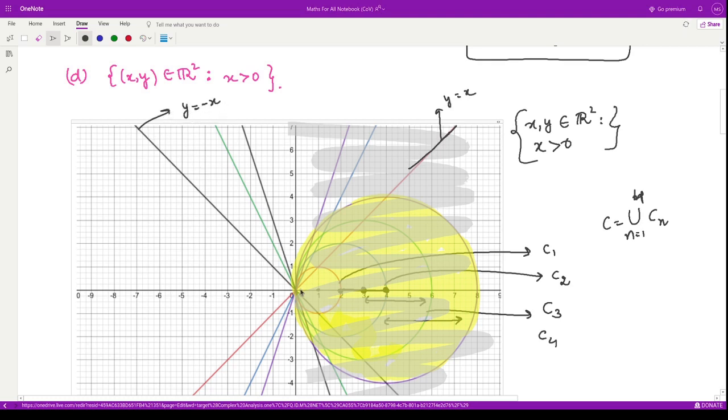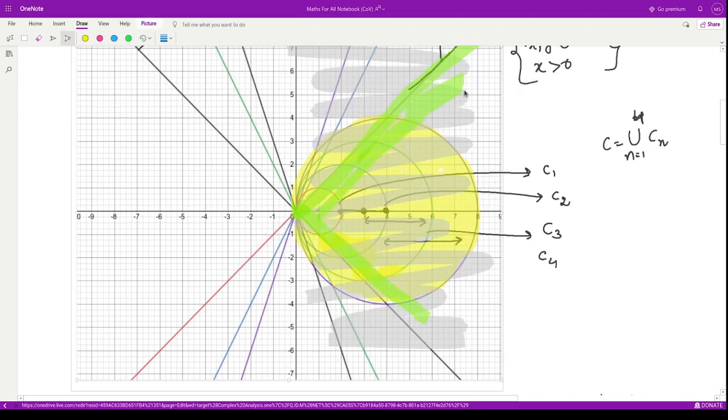So that is the graph for mod of y is equal to x. Now what is the graph for mod of y less than x? That would simply be the region lying between this red line and this black line. So this would be the region over here.